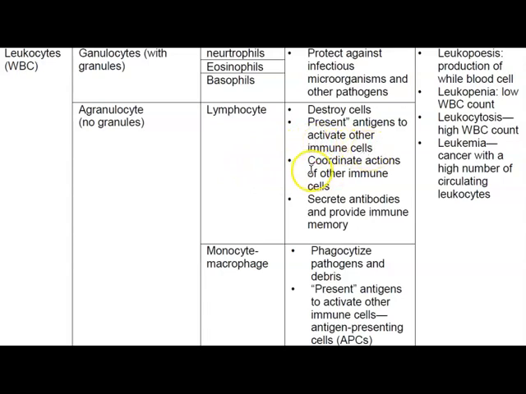They also coordinate actions of other immune cells, secrete antibodies, and provide immune memory. Monocyte is like a macrophage. The main function of this type of cell is to phagocytose the pathogen and debris. They present antigens to activate other immune cells.